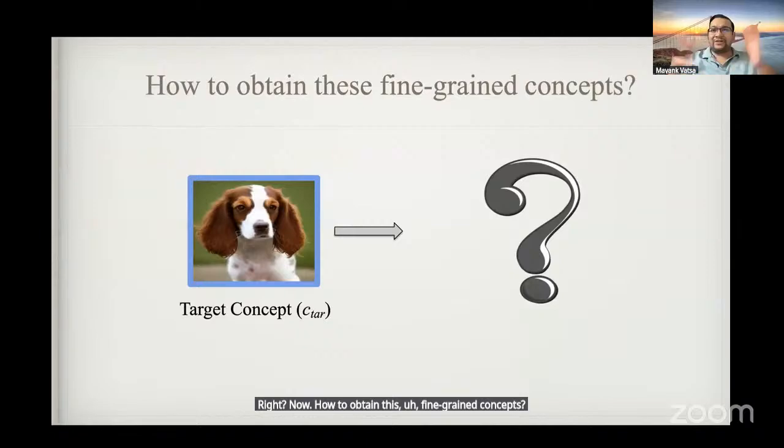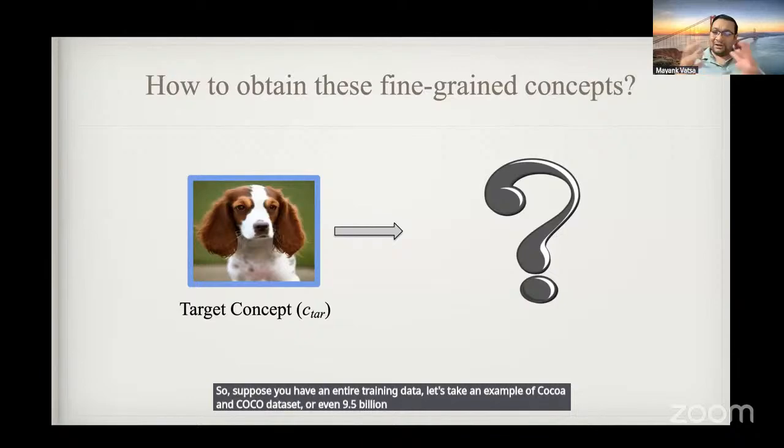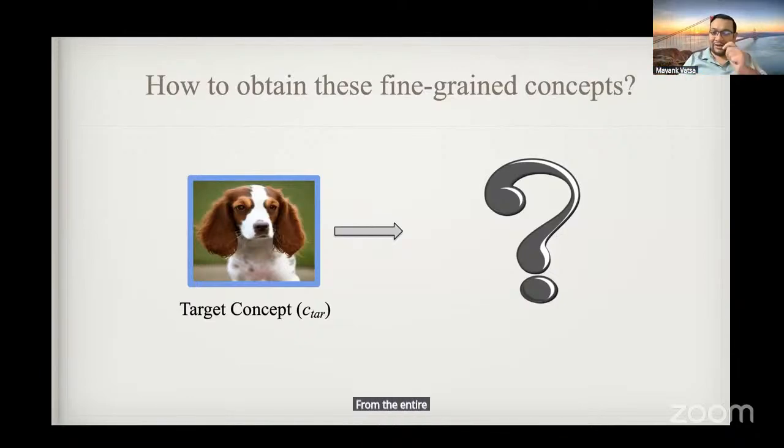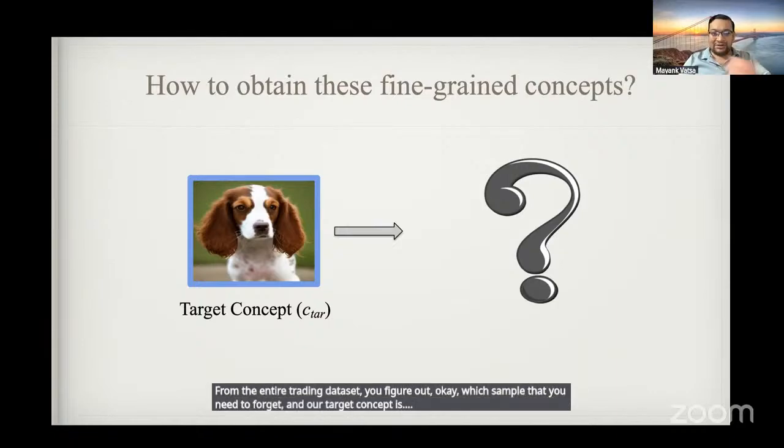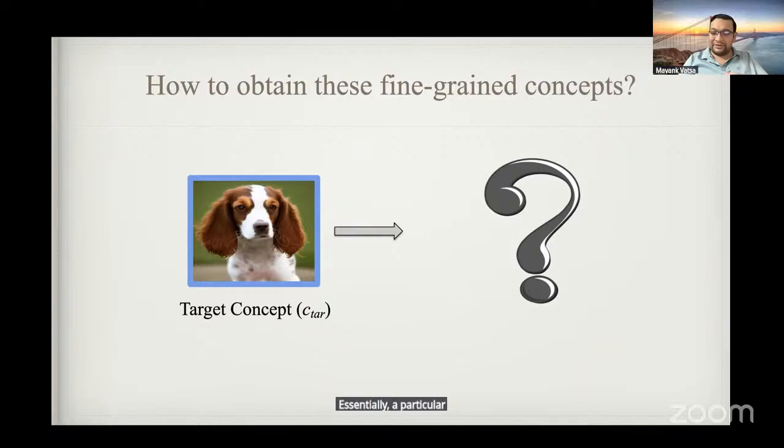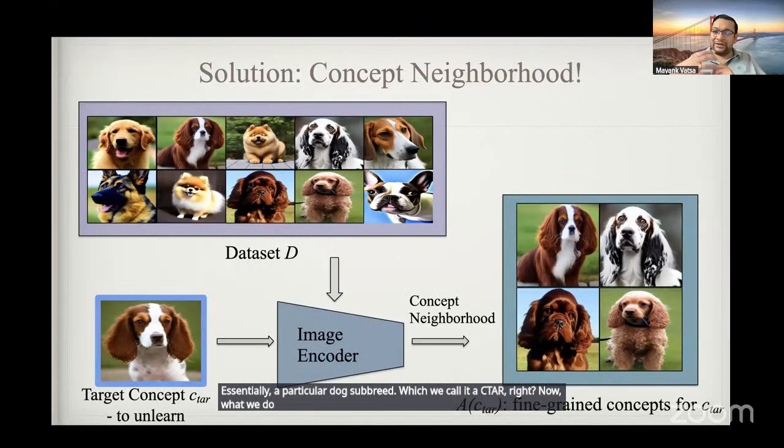Right? Now, how to obtain these fine-grained concepts? Suppose you have an entire training data set. Let's take the example of the COCO data set or even LAION-5B. From the entire training data set, you figure out which samples you need to forget. Our target concept is essentially a particular dog sub-breed, which we call C_TAR, right? Now what we do is we take the image encoder.